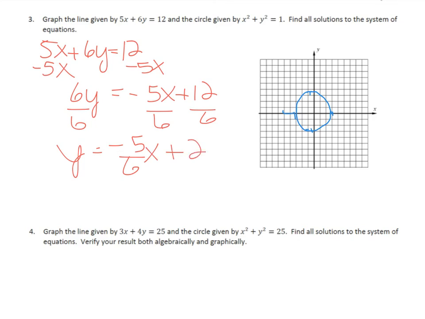So our line is going to start somewhere at 2 up here with a negative slope, so it's going to go down this way. And if you had plugged this into a calculator, you would see that the line and the circle will not intersect, meaning that there is no solution for this one.